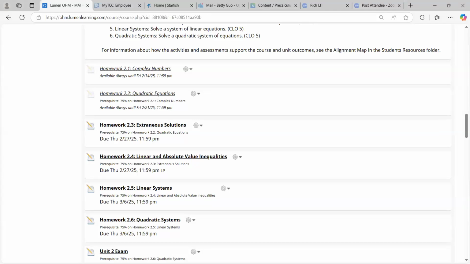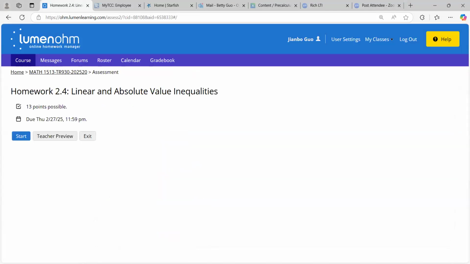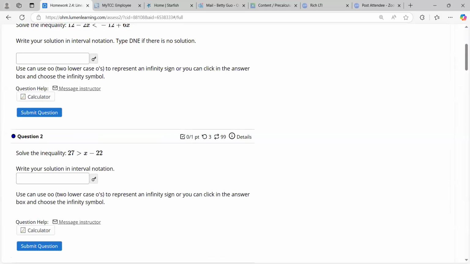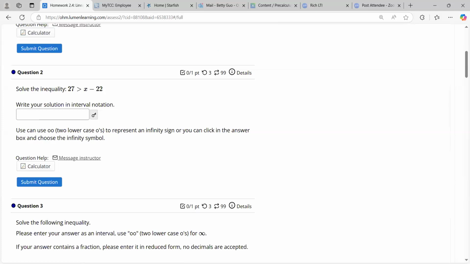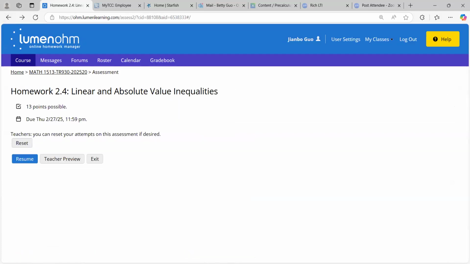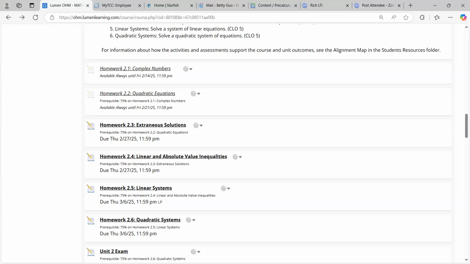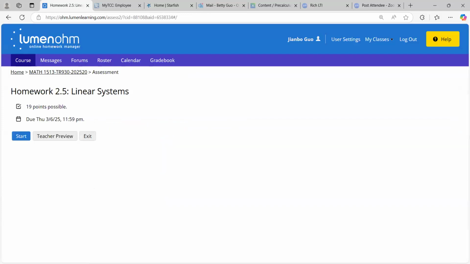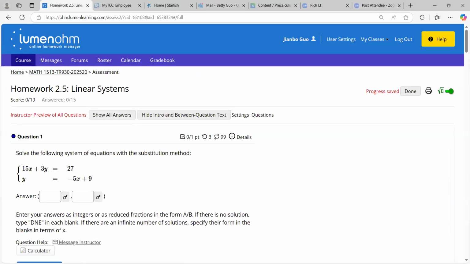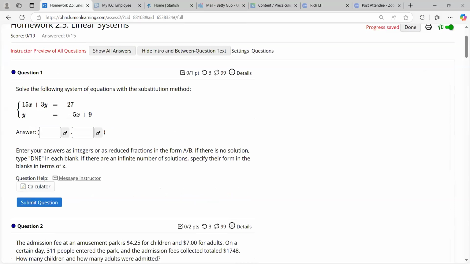Yes. So let's go to 2.4. I want to talk about the graphing calculator. 2.5 is what we do today. Let's see if you are able to use a calculator to get a problem done.